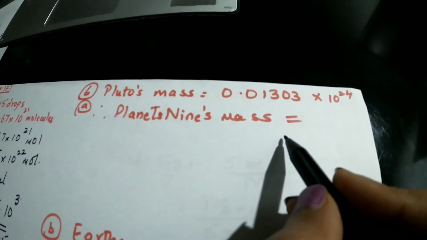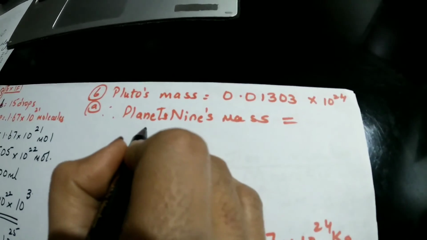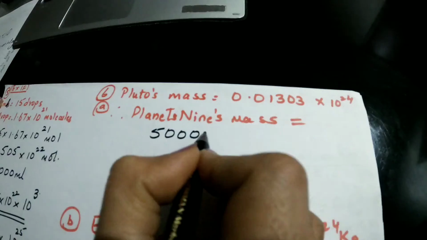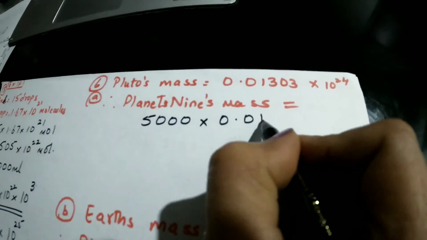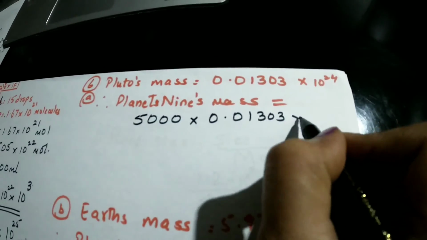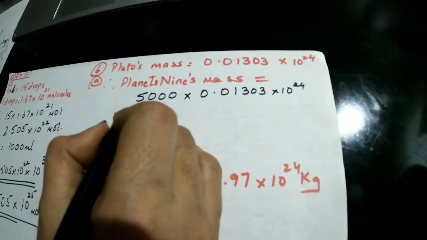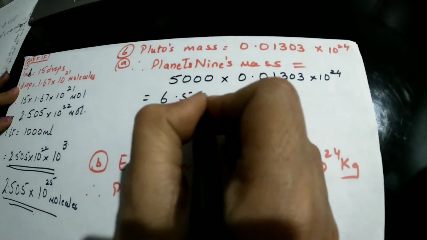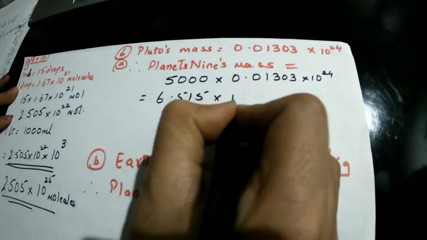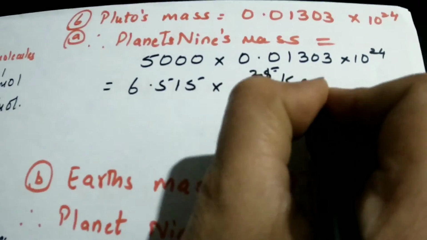Now basically to find out the mass of planet 9, I will multiply 5000 with Pluto's mass, that is 0.01303 into 10 raised to 24, which when you multiply in your GDC will give you 6.515 into 10 raised to 25 kgs.